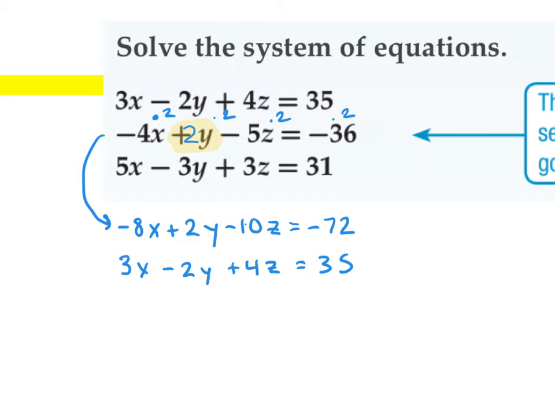The key for these types of problems is to be organized, so that way you can see exactly what you're doing. We already said we're canceling out our y's, so let's combine our equations. What is negative 8x plus 3? Negative 5x. Our y's cancel since they're the same number but opposites. What is negative 10z plus 4?